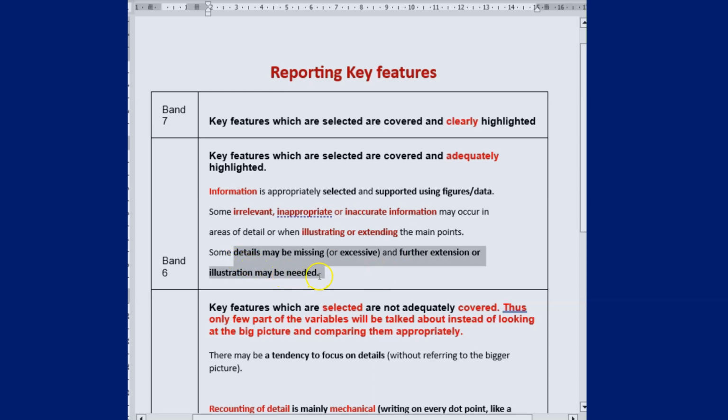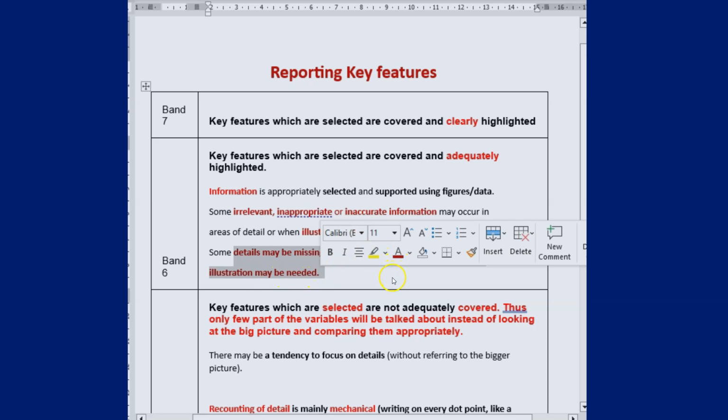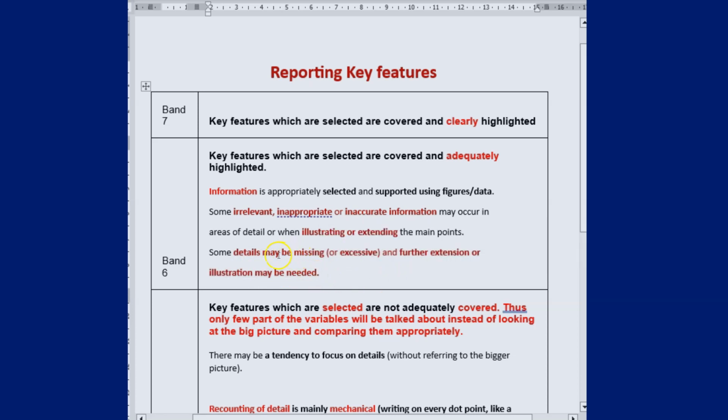And for you to get a band 6, it means that your essay is missing details, right? Some details are missing, or there is overuse of some of the details. It has been too exaggerated.